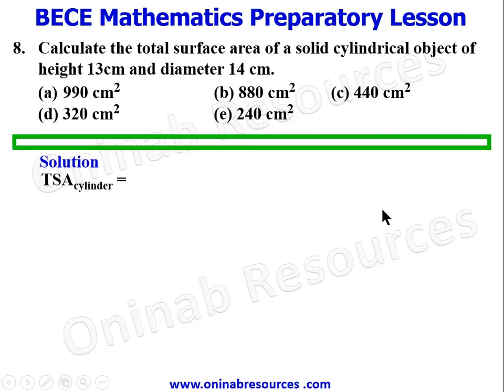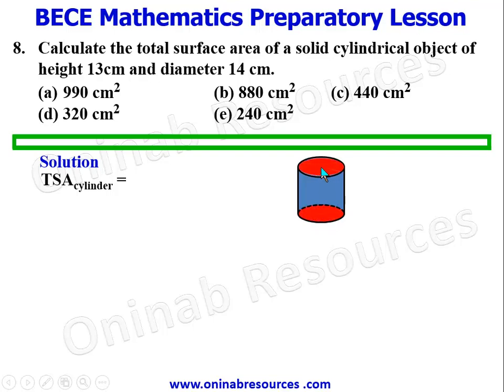We need to take a look at the cylindrical object. Since it is a solid cylindrical object, it means the top is covered, the bottom is covered. And for this solid cylindrical object, there are three surfaces. The two circular faces.